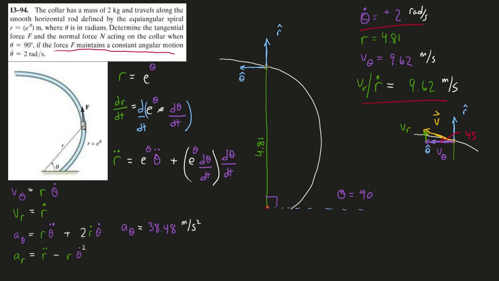So this whole thing is 0 because that theta double dot is 0. We know our angle, and we know our angular speed. So just crunching that out, that'll get us a positive 19.24.